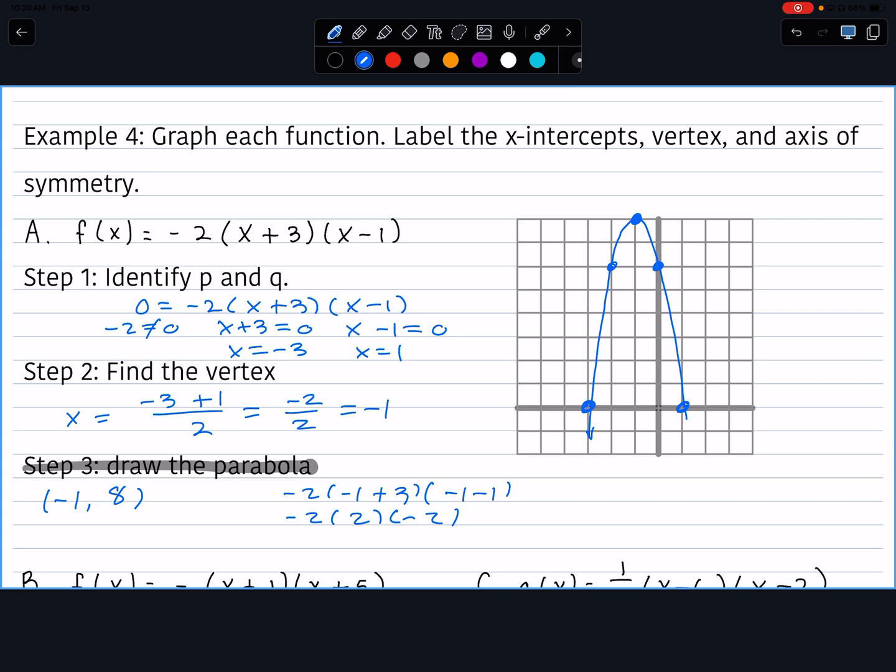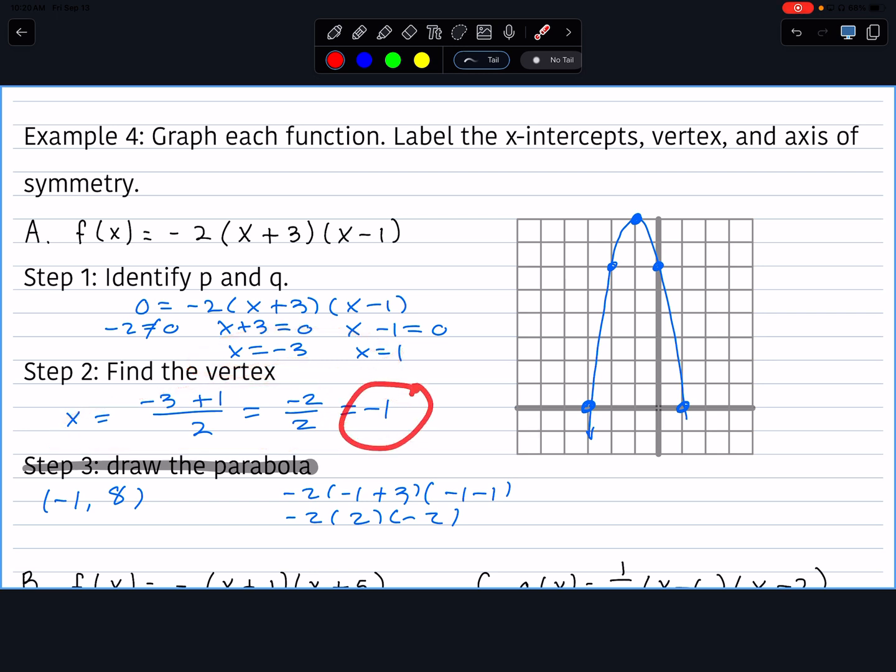So what I want to emphasize to you, we're going to go and find our vertex. We find our vertex by taking our x-intercepts, which is given, right? So we found our x-intercepts, -3 and +1. Then we find the middle between the two, whether we do it visually or we use the formula where you just take the average.